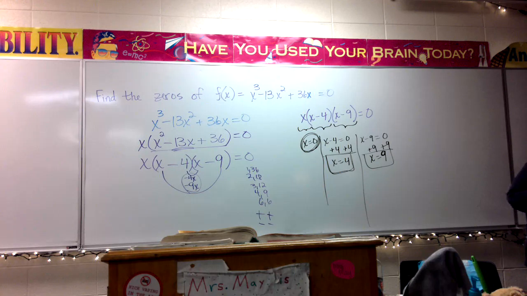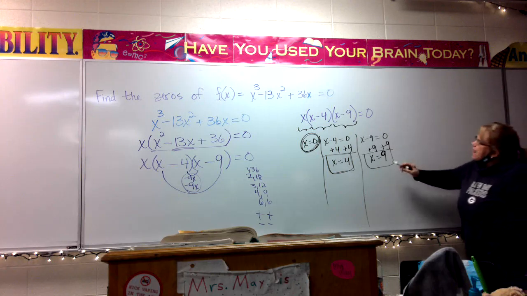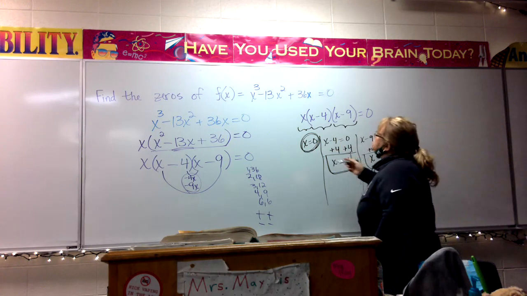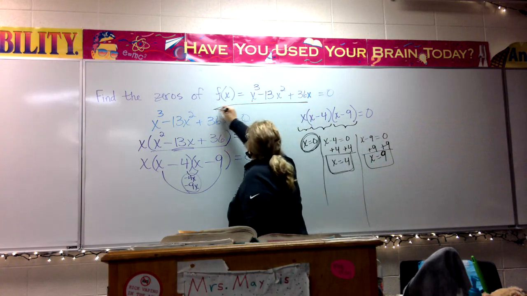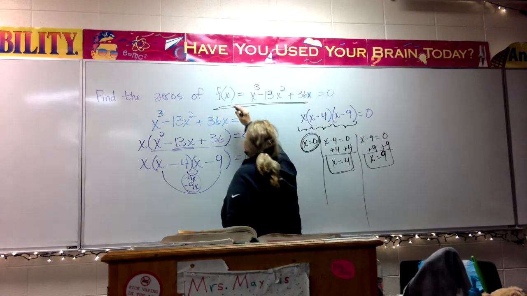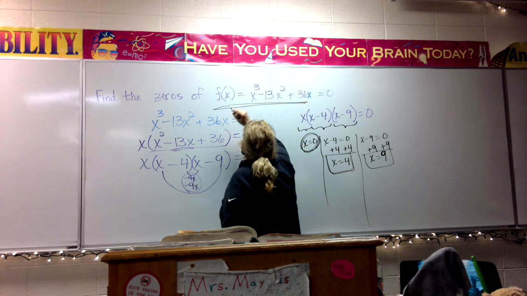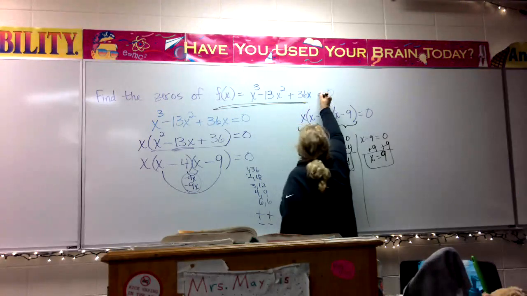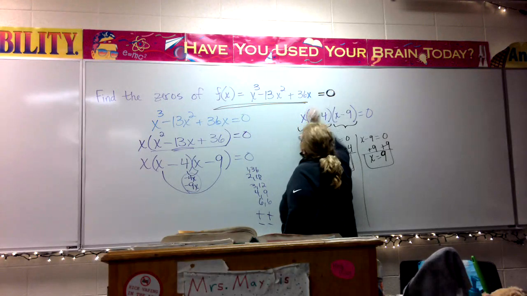Right? 4 answers? I think that's only 3 answers. And what do those mean? Well, if I plug in any one of those answers into this function, if I take f of 0 or f of 4 or f of 9, I'm going to end up with that equaling 0.